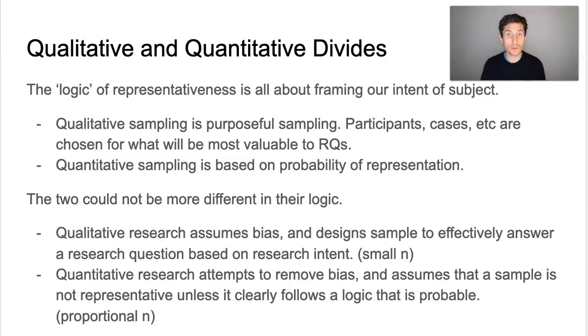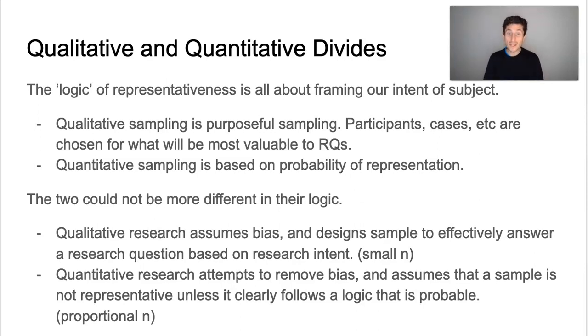Because as we talked about, many of the epistemologies that lend themselves to working from qualitative interpretive positions oftentimes assume and accept that there's going to be some biases. And so the designing of a, say, sample that can help us effectively answer our research questions is going to be somewhat based on the intent that we have of what we're going to do with our results. What kinds of generalizations or kinds of things do we hope to know or to justify for our beliefs?